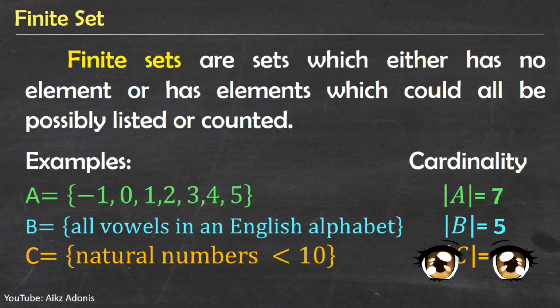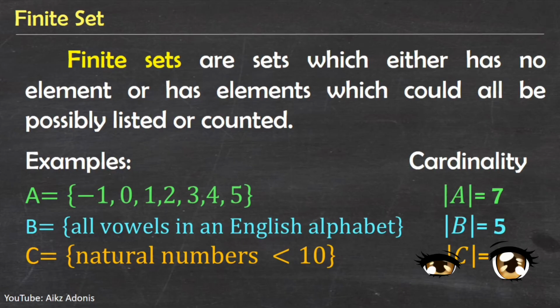How about this one? Set C containing all natural numbers less than 10. Is this a finite set? Yes, it is. Natural numbers are numbers from 1 to positive infinity. Since we are just talking about natural numbers less than 10, it is countable. So, what is the cardinality of set C?